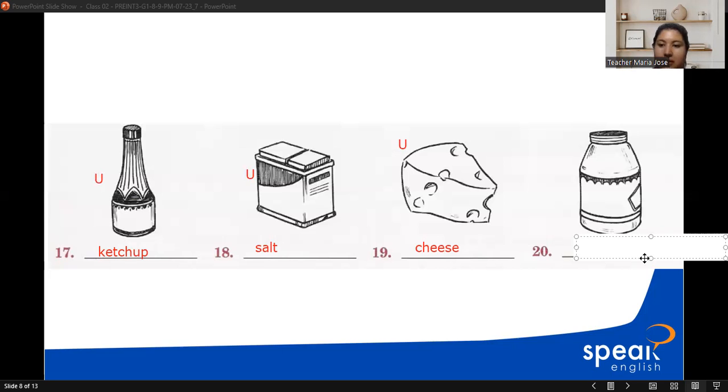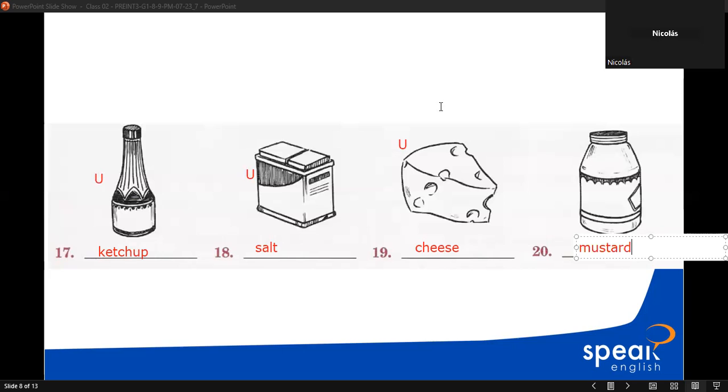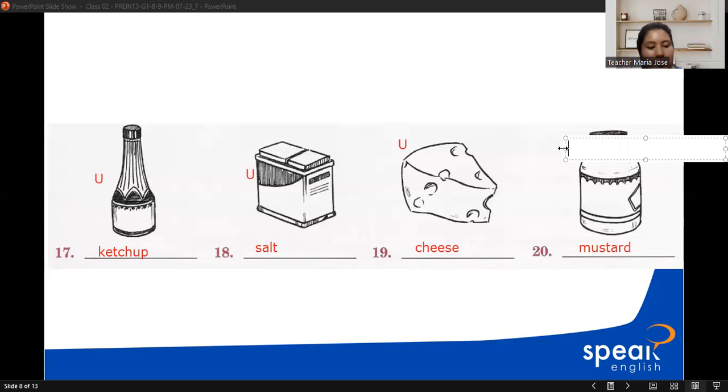Okay, can be mustard. It's uncountable. Perfect. Okay, so that was the last. Very good. So again, just let me share it. Okay, you have the vocabulary.